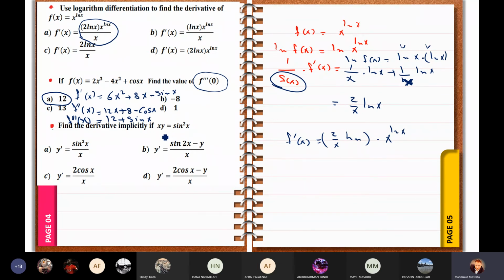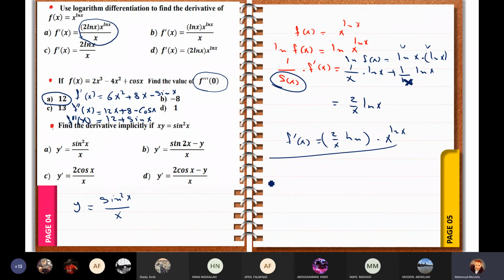Here is how to find y prime. I prefer to put y on one side. So y equals sine squared x over x, and we will use the quotient rule.